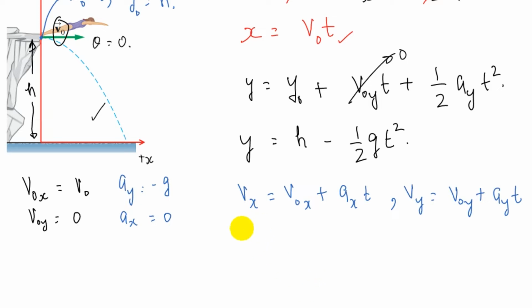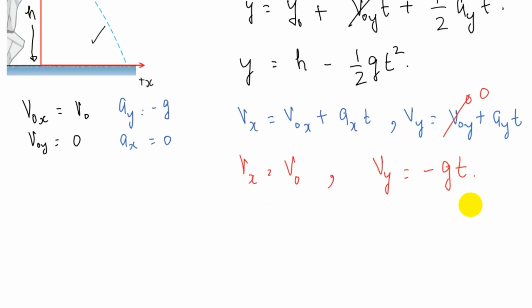So we have vx equals, now v0x is v0 here, so we can write v0 plus, ax is 0, so no need to write. Now next vy: vy equals v0y, which is 0, so this term is 0. Ay we have minus g, so minus g and t as it is.